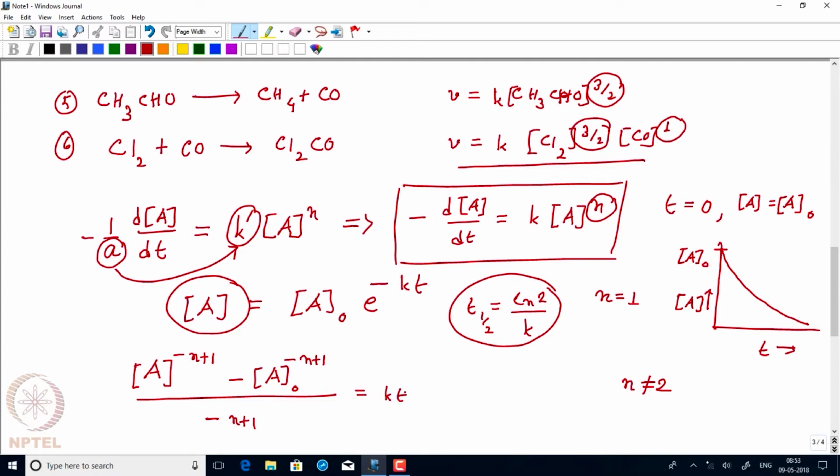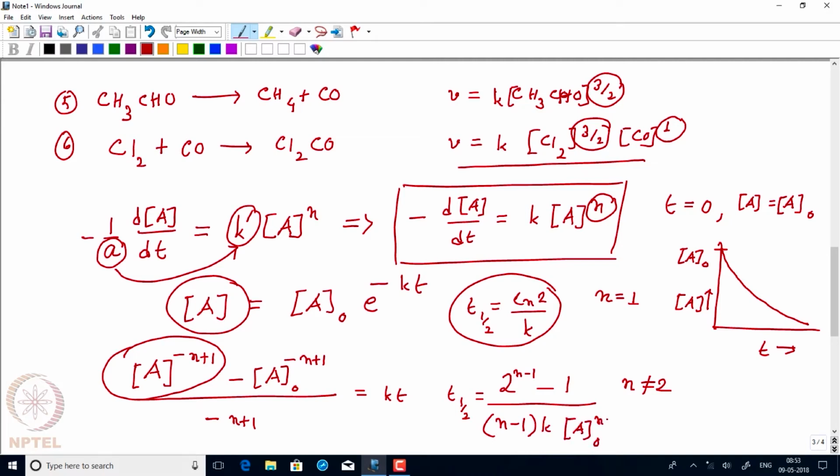is equal to kt. Now, as you can see, this is a general reaction for n not equal to 1. For this reaction, if we calculate the half-life, you can again calculate it. Instead of A, you just put A0 by 2, and naturally there will be a factor of 2 to the power n minus 1, minus 1, and we'll have (n minus 1) times k times A0 raised to the power n minus 1.